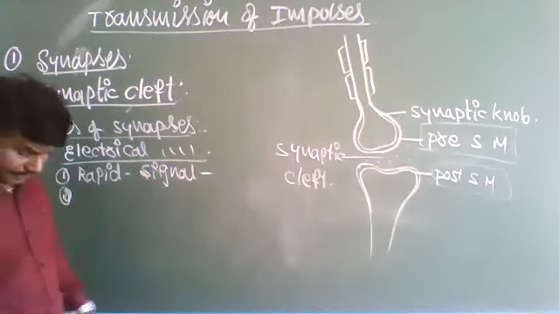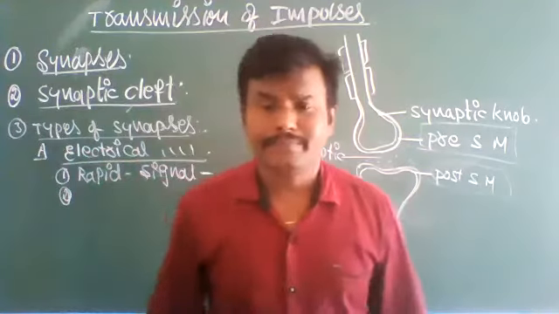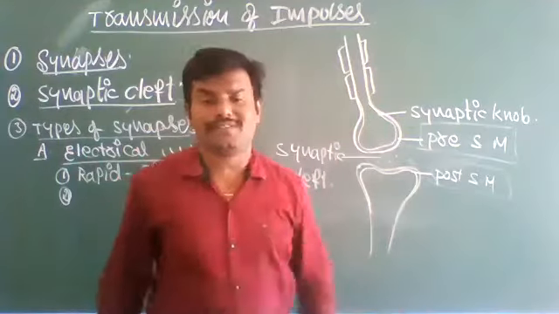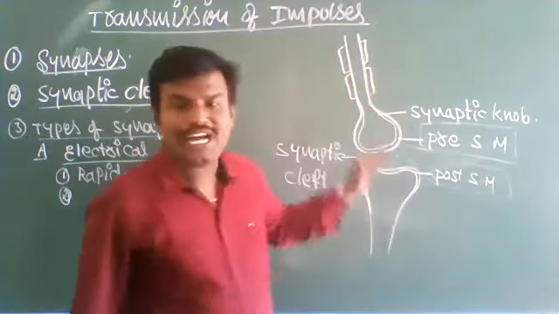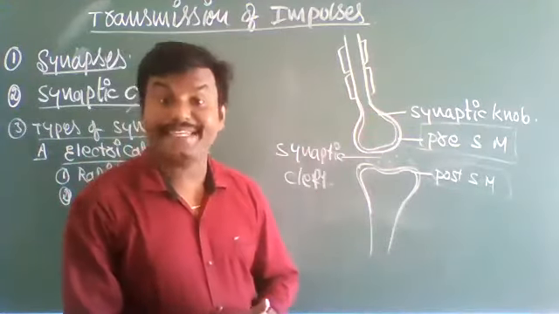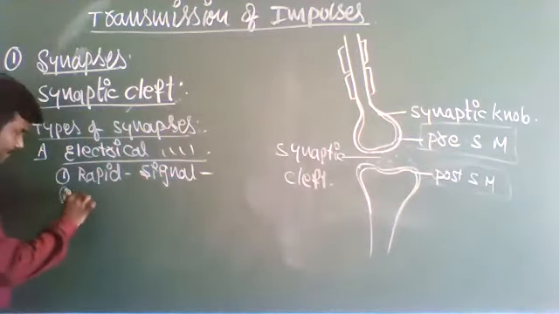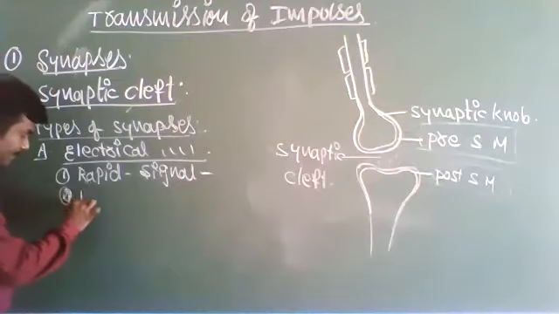Second one is, see here, electrical synapses rapidly transmit signals from one neuron to another without any delay.